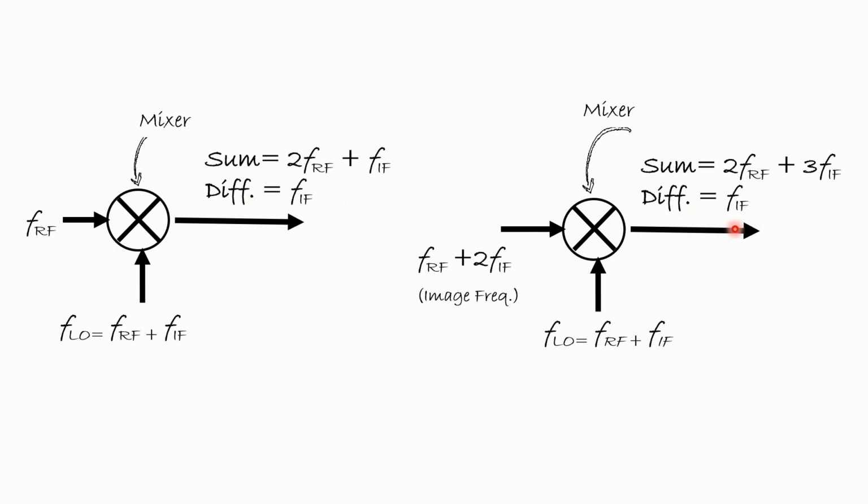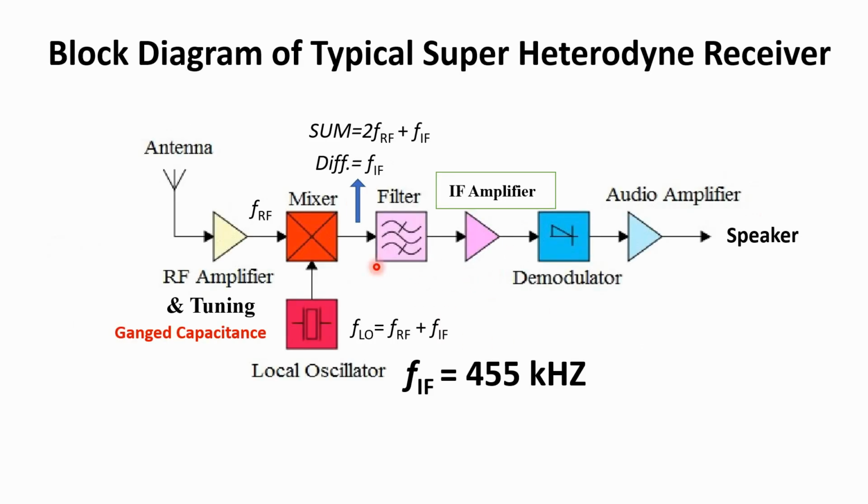So to avoid or to suppress this image frequency, there is a provision in the RF section to suppress the image frequency components, right?